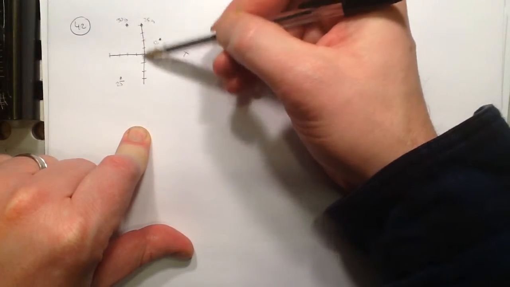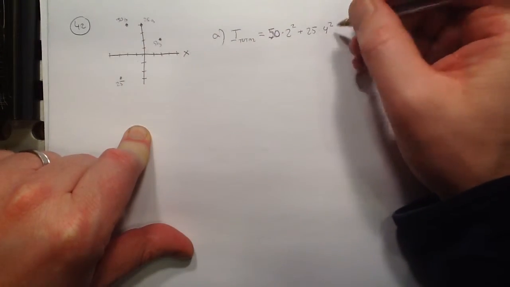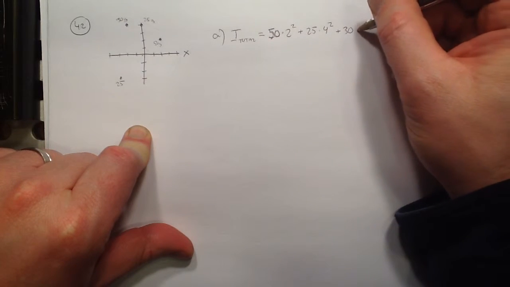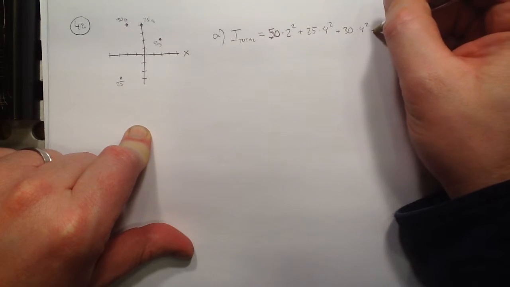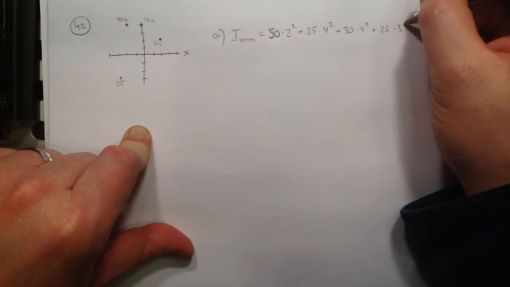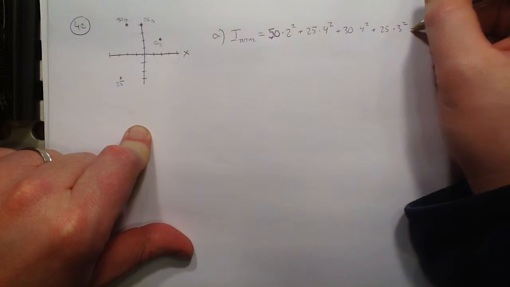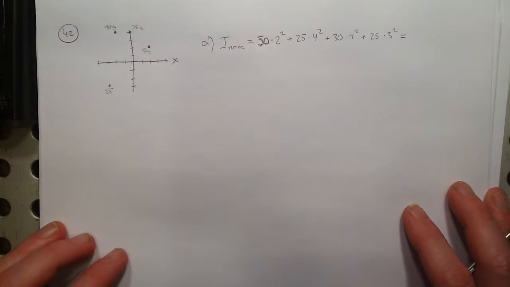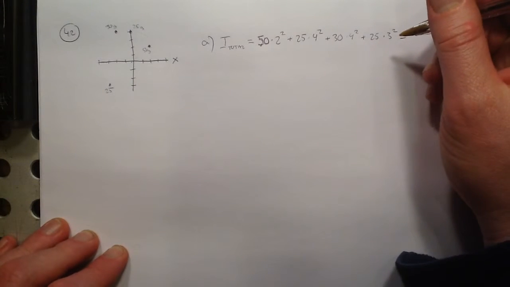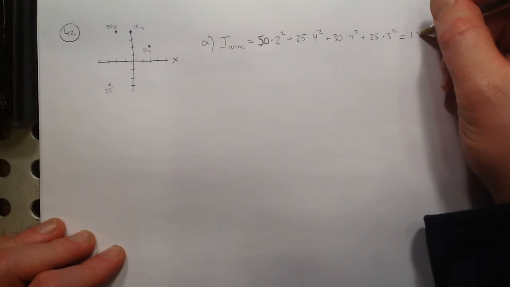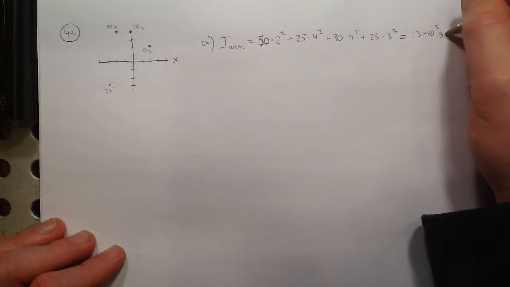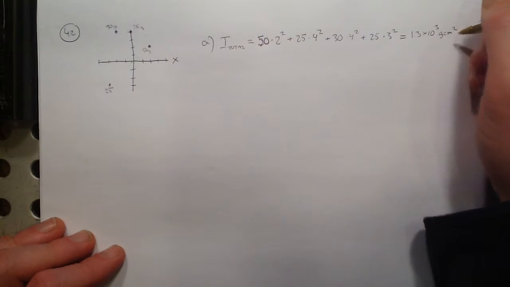So it's just the y-coordinates, right? Plus 30 times 4 squared plus 25 times 3 squared. And that comes out to be about 1.3 times 10 to the third gram centimeters squared.